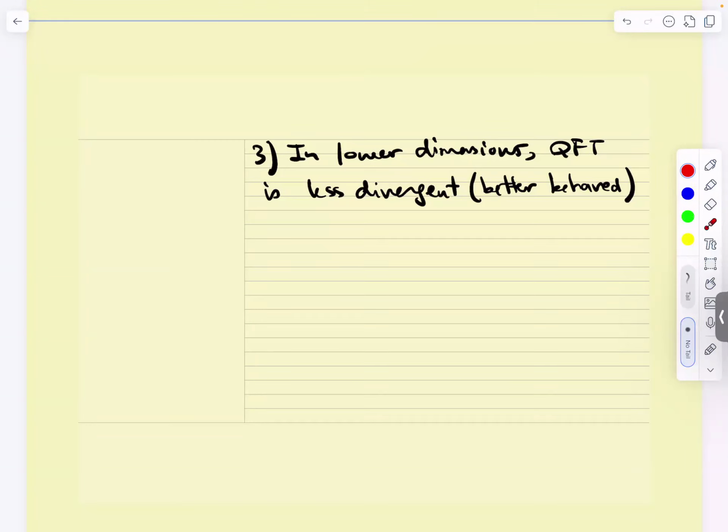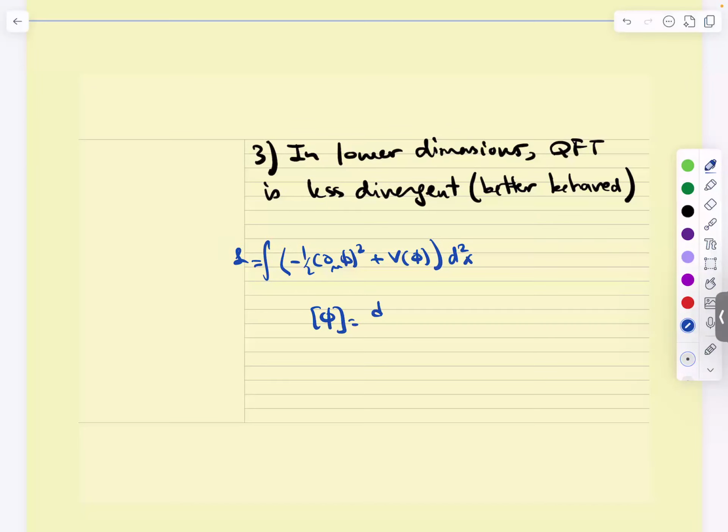So actually, let me explain this a little bit better. If you have a scalar field like this, the action is this. So what's the dimensionality of phi? The dimensionality of phi is this, which is 0. So if your action includes an arbitrary polynomial in phi, like this, what's the dimensionality of lambda n?